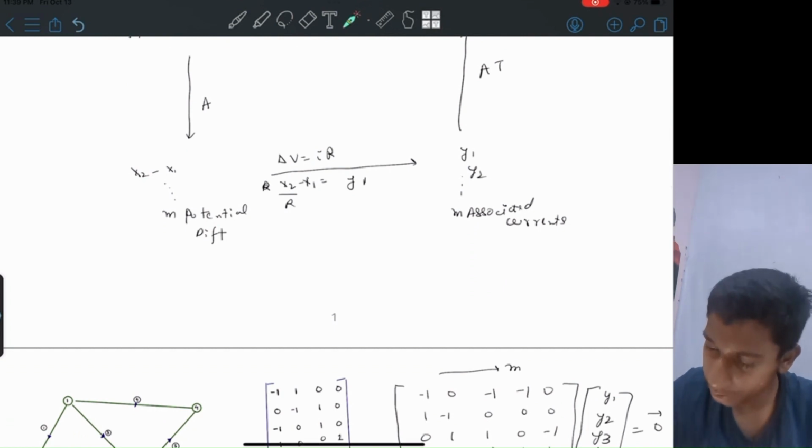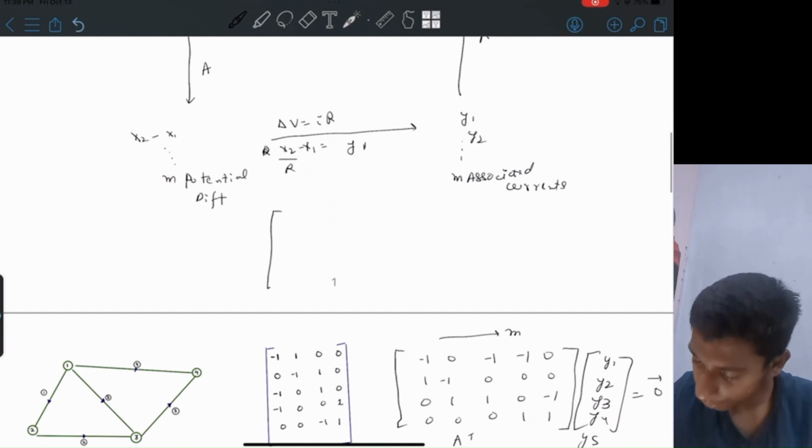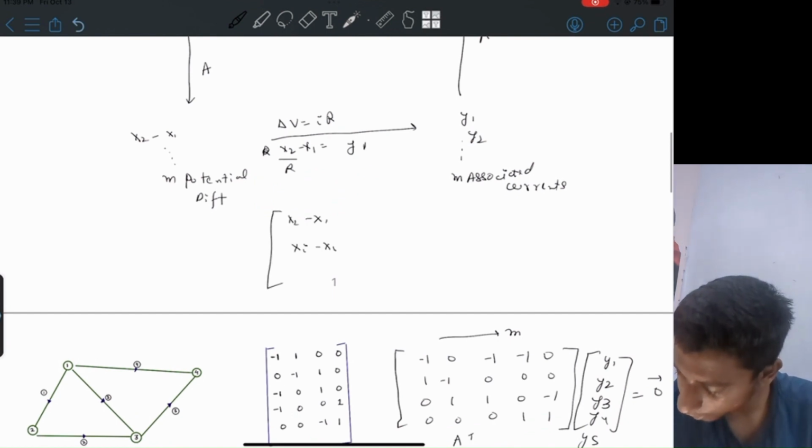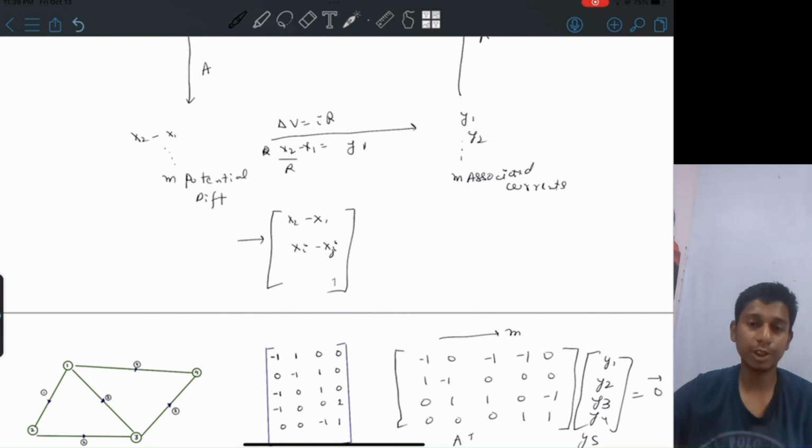Let me give a clearer picture of this term as well. Here we had x2 minus x1 and the various potentials xi minus xj written for a given wire.